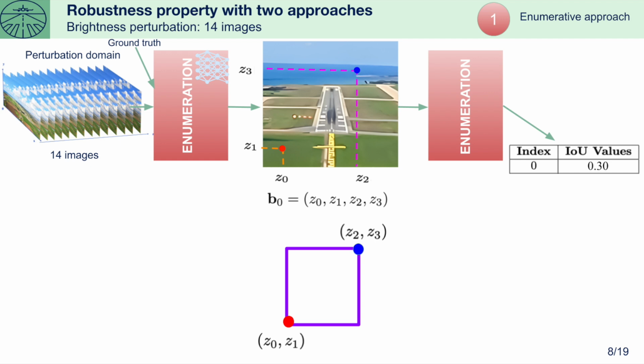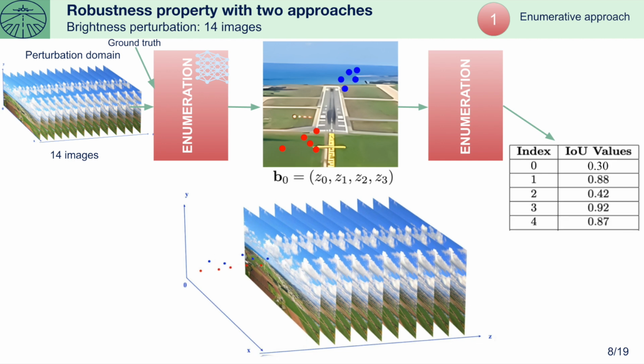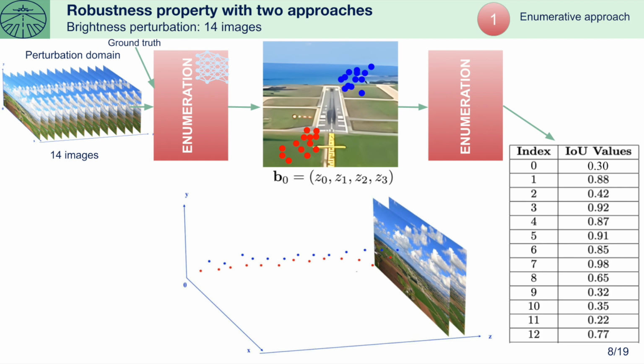For the sake of clarity, we will denote Z0, Z1 as the bottom left and Z2, Z3 as the top right corners. And this coordinate represents the bounding box B0, defined by Z0, Z1, Z2, Z3. And we can do this for each of our images in our perturbation domain.